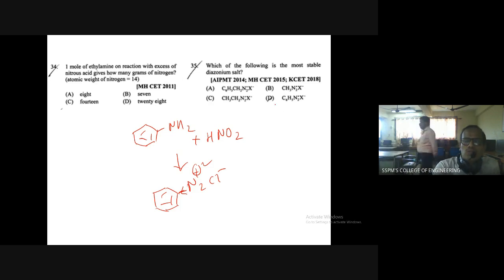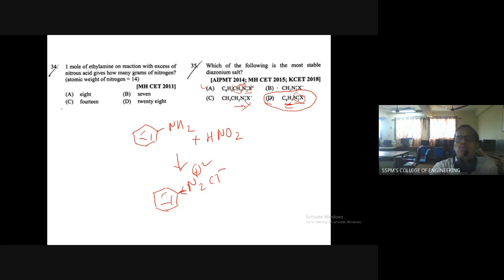If you know this concept, option D is the correct answer, because here N2 plus X minus is directly attached to the phenyl ring. This phenyl ring will attract electrons toward itself and the positive charge will be stabilized. In option A, N2X is attached to CH2 and then to phenyl, so the CH2 group will donate electrons to N2 plus and this will destabilize the positive charge. Again CH3CH2 will donate electrons to destabilize the positive charge.